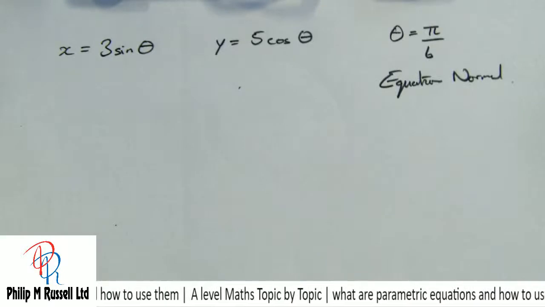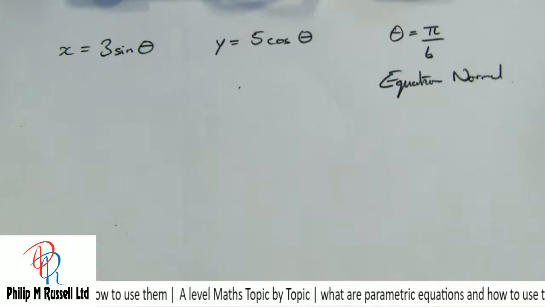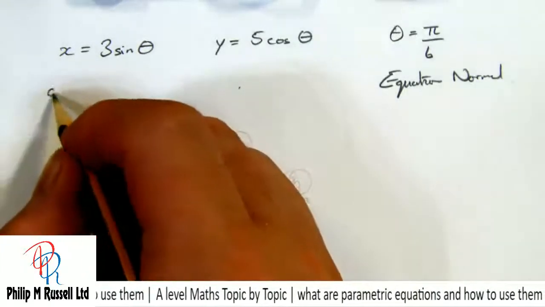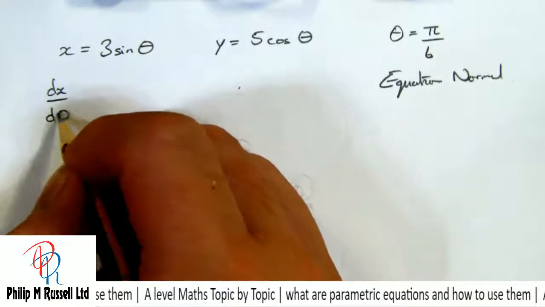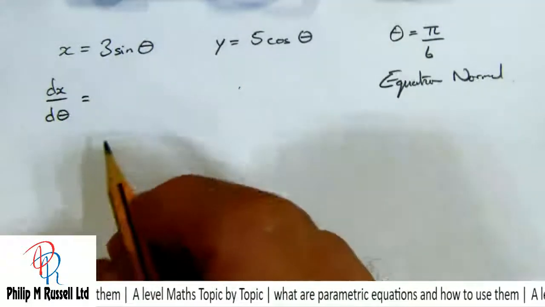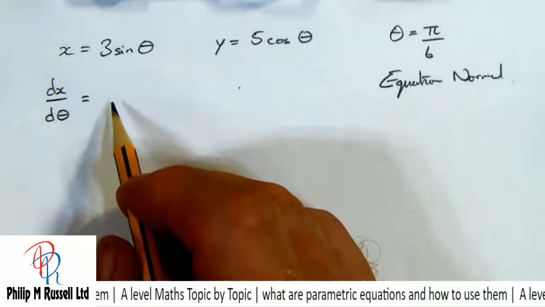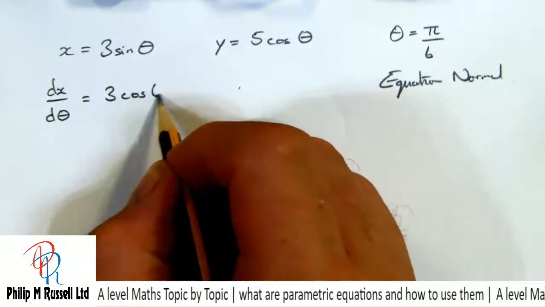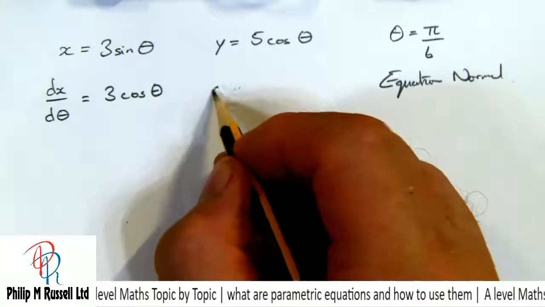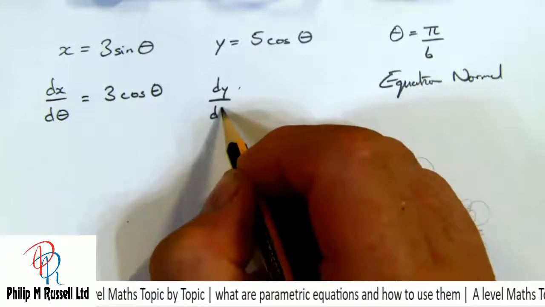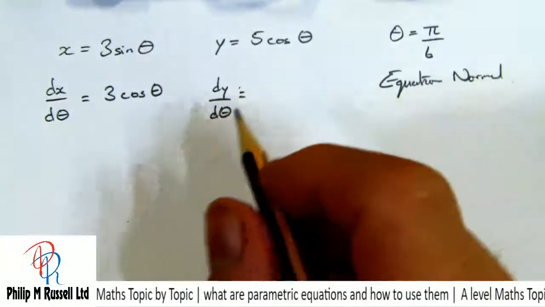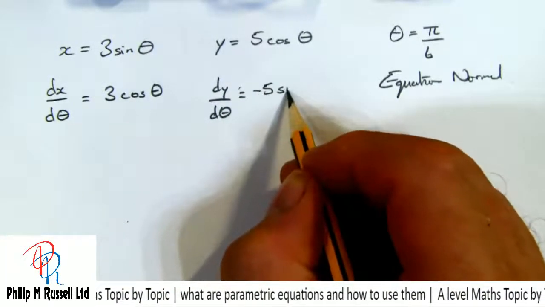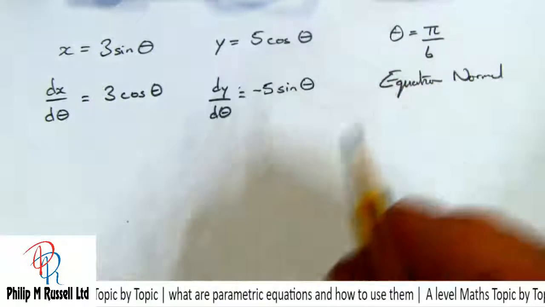Okay, so what do we know when we start? Well, we've got our equation here. Let's work out what dx by d theta is going to be, and dx by d theta is going to be 3 cos theta. dy by d theta is going to be minus 5 sine theta.